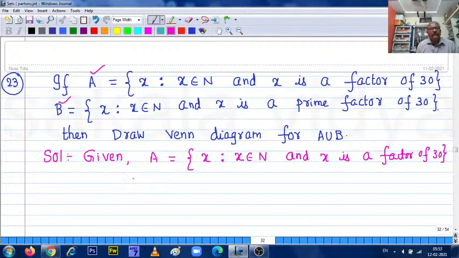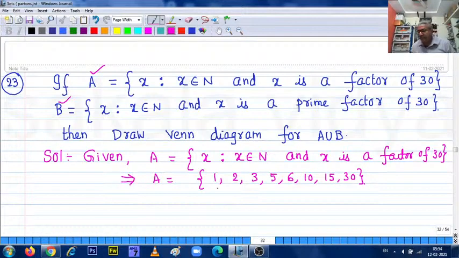We can write A equals 1 is a factor, 2 is a factor, 3 divides, 4 does not, 5 divides, 6 divides, 10 divides, 15 divides and 30 divides. So these are the factors of 30.